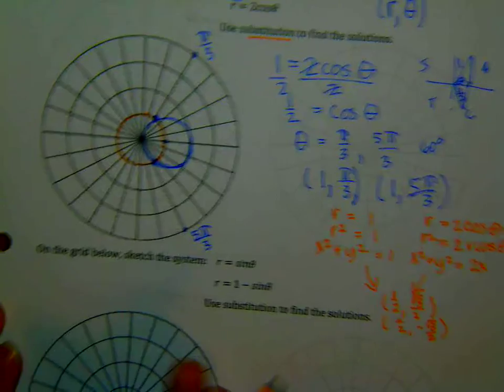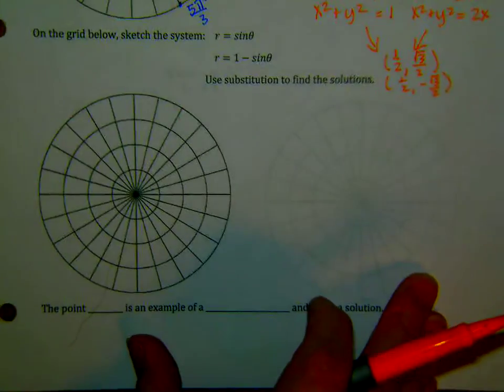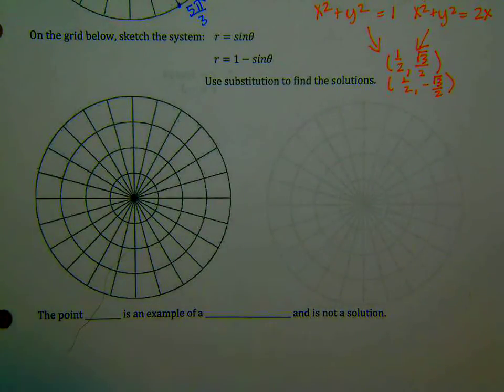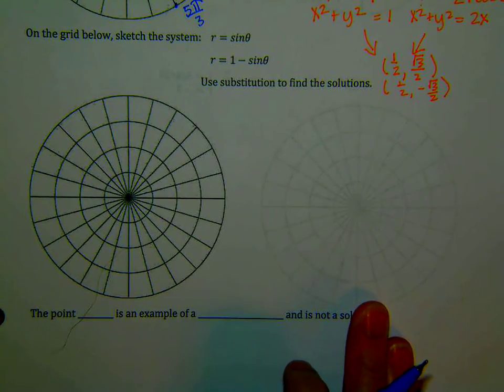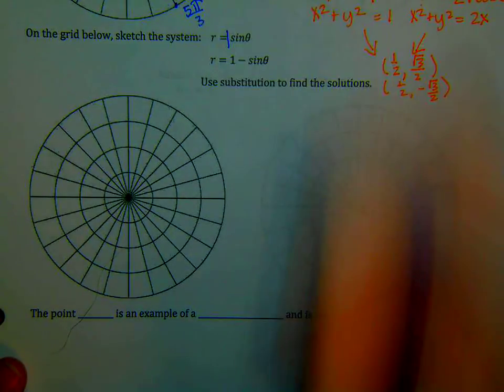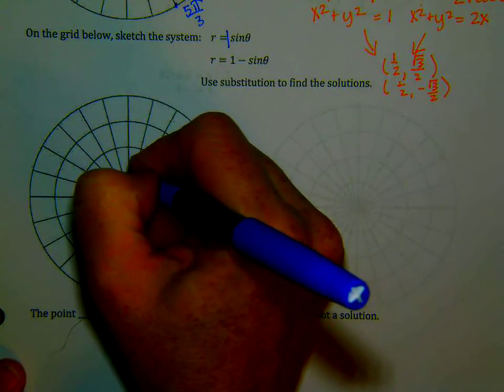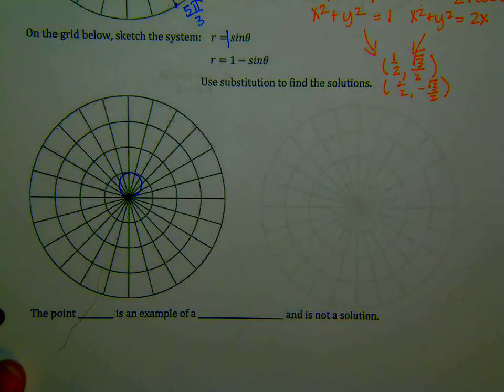Okay, let's do the next problem on the page. I'm going to first sketch, then use substitution. So r equals 1 sine theta is a circle above the unit circle with a radius of 1.